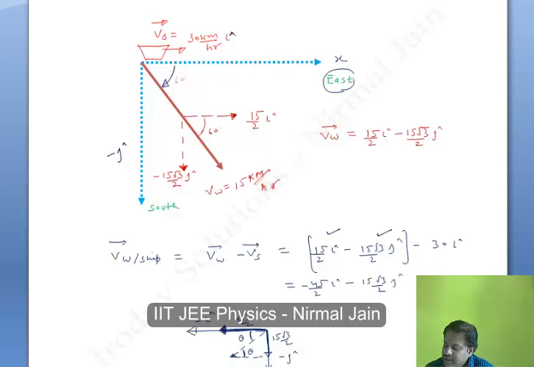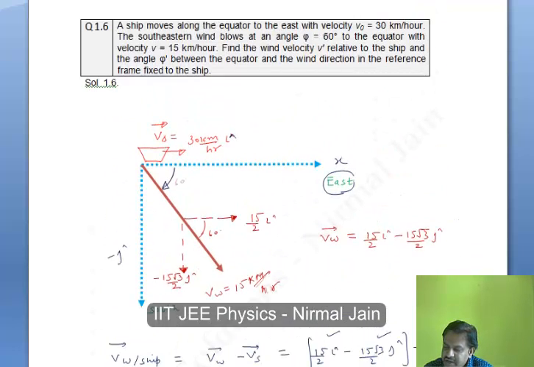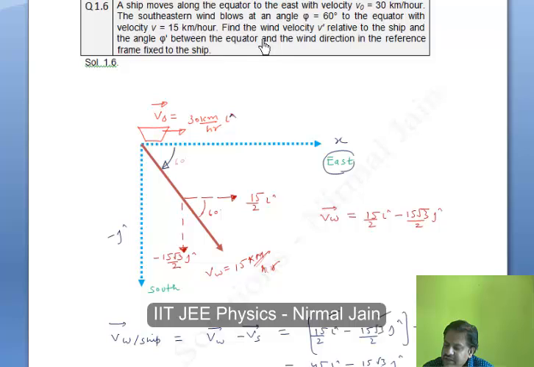Now, if I have to find the speed of wind with respect to ship, then it can easily be found by the magnitude of this. In this problem we are asked the angle. We have found the velocity in vector form, and we can take its magnitude to find the speed.